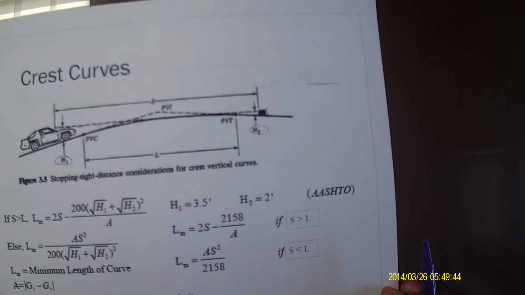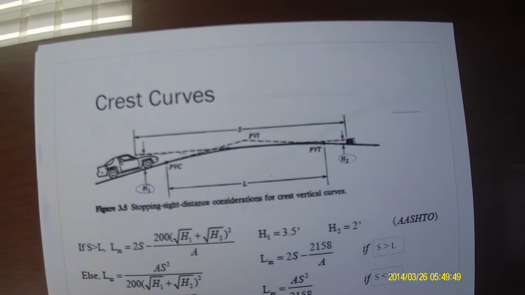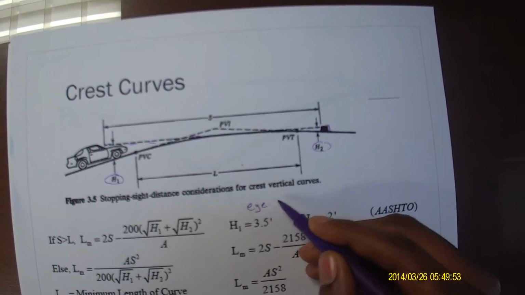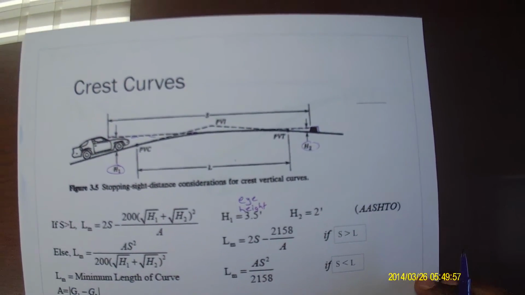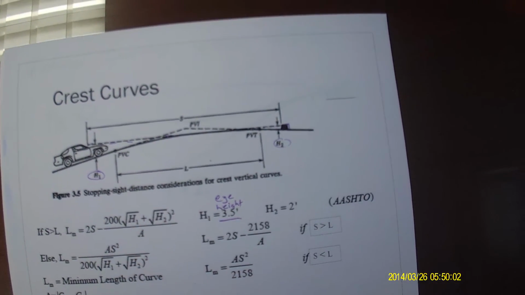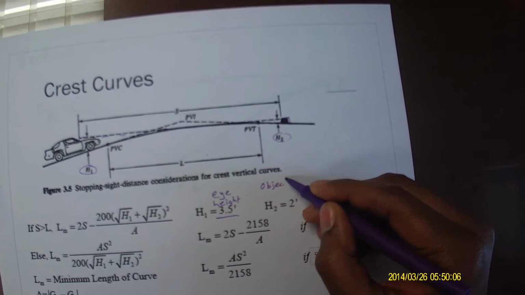And those two items are in reference to two heights. Let's just start with H1. H1 is, if you remember, the eye height of a person driving a vehicle that we assume to be 3.5. H2 is what we are referring to as an object height.